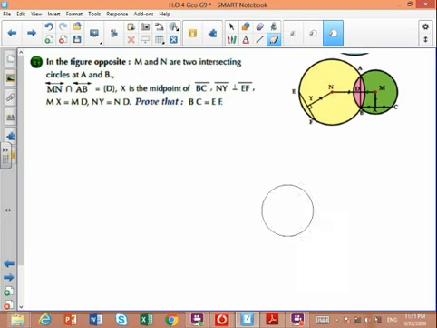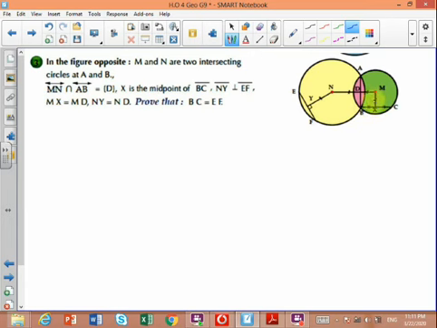Very important to remember this. Okay, let's read our example. M and N are two intersecting circles at A and B. This is the common chord. MN intersects AB at point D. X is the midpoint of BC.